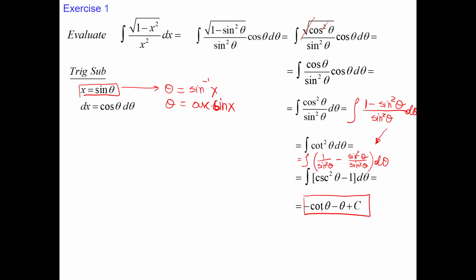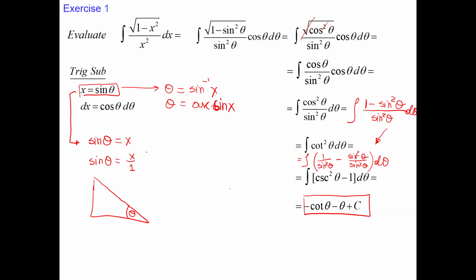Now, cotangent, we need that ratio. We will use the same substitution. Sine theta is x. I can rewrite it as a ratio: sine theta is x over 1. The right triangle will help me, or just the identities, but the right triangle is a nice tool to see the trig identities. I will put the ratio in the right triangle.